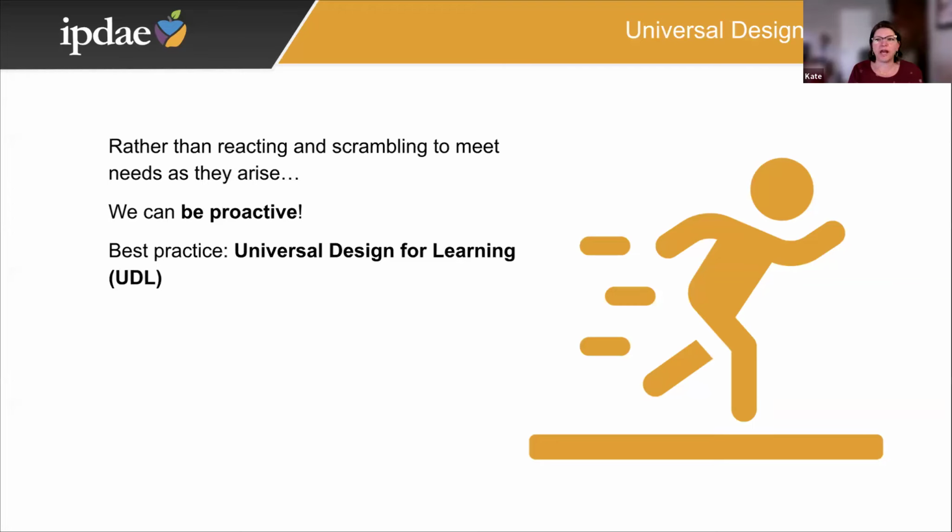If we can just normalize having these tools, and you don't even have to call them accommodations anymore because they're available for all students. But if we can normalize having these things in place and using these things in our classroom, we're going to create proactive students who use the tools that they like, and they're not dependent on others providing them for them.